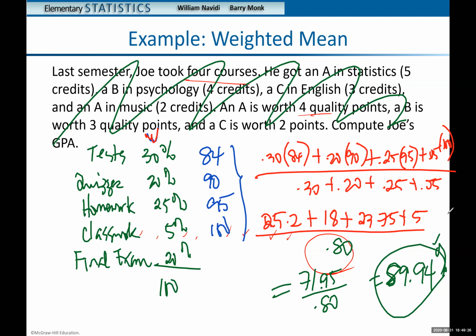Actually, yeah, I'm kind of confused on how to calculate that part. I thought we were multiplying at first, so my mind just went somewhere completely different. Yeah, we multiplied 0.30 times 84 is 25.2. Oh, I get it. Okay, so then it's 0.20 times 90. Okay. Yep.